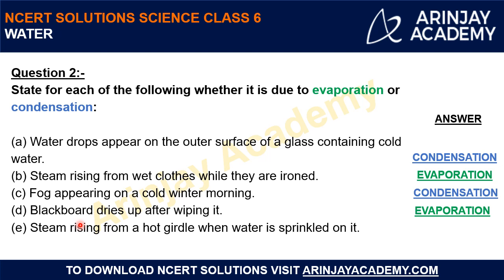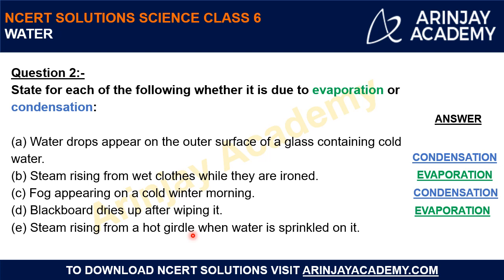Then the last, steam rising from a hot girdle when water is sprinkled on it. If we have a hot girdle, that is, a hot iron surface, for example kept on a stove, you must have seen that if we sprinkle water on it, steam comes off. So what is the reason?